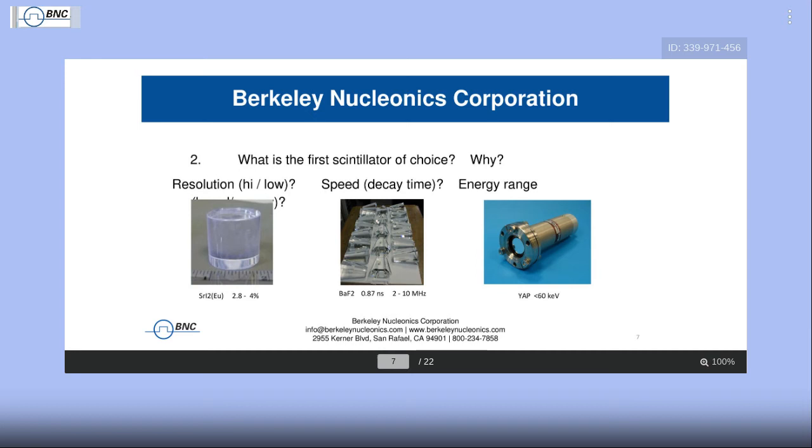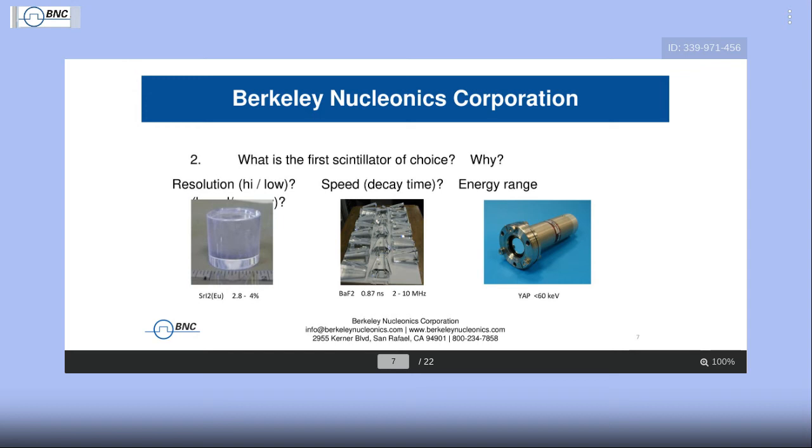Sometimes people will contact us, and we welcome you to contact us and say, hey, this is my application, I'm going to be looking for gamma rays, I want high resolution. You may already know a particular scintillator. You may send us a request saying, can you give me some quotes on some cesium iodide, maybe 1 or 2 inch sizes of that. And so we will often ask, well, why? What's the reason for it?